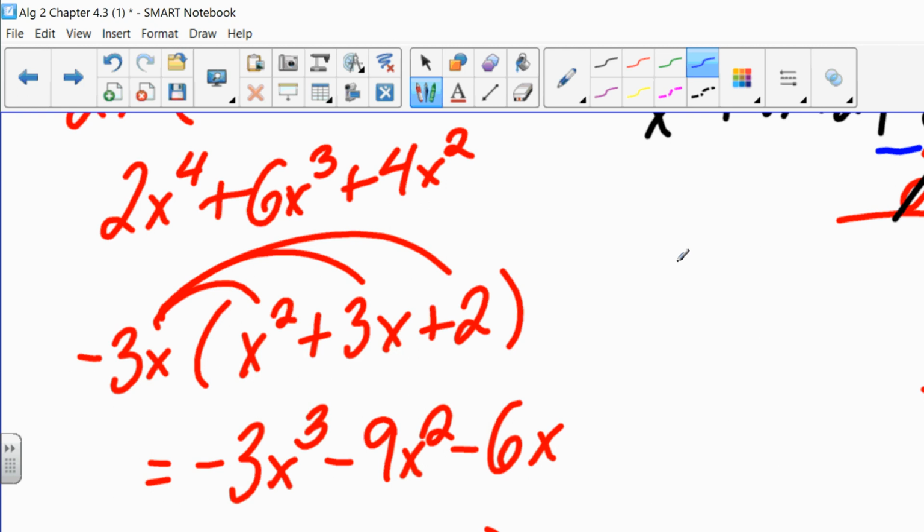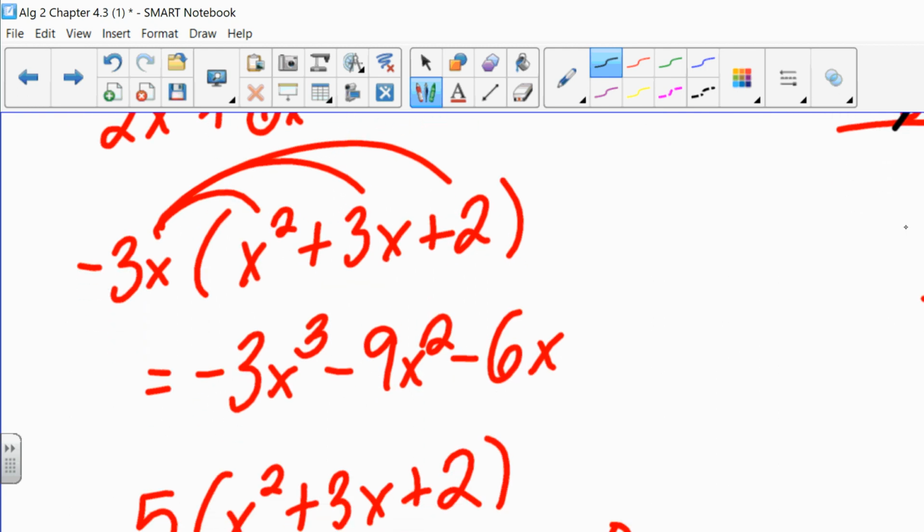And we would do 5x squared minus 5x squared is 0. 11x minus 15x is negative 4x, and negative 1 minus 10 is negative 11. So we do have a remainder, yes?